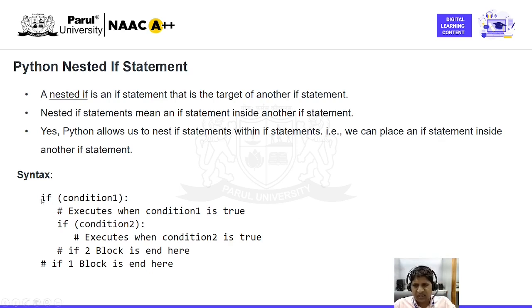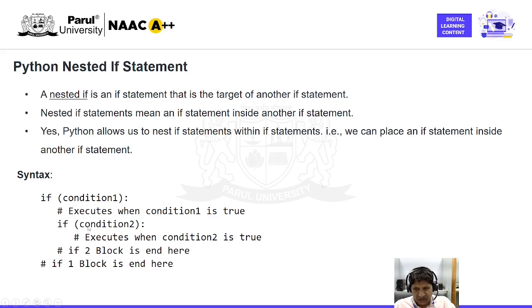For example, you can see the syntax: if condition 1 executes when the condition is true, and condition 2 is also given. Once condition 1 is true, then condition 2 will be checked. If condition 1 is false, then your execution pointer skips the inside block.